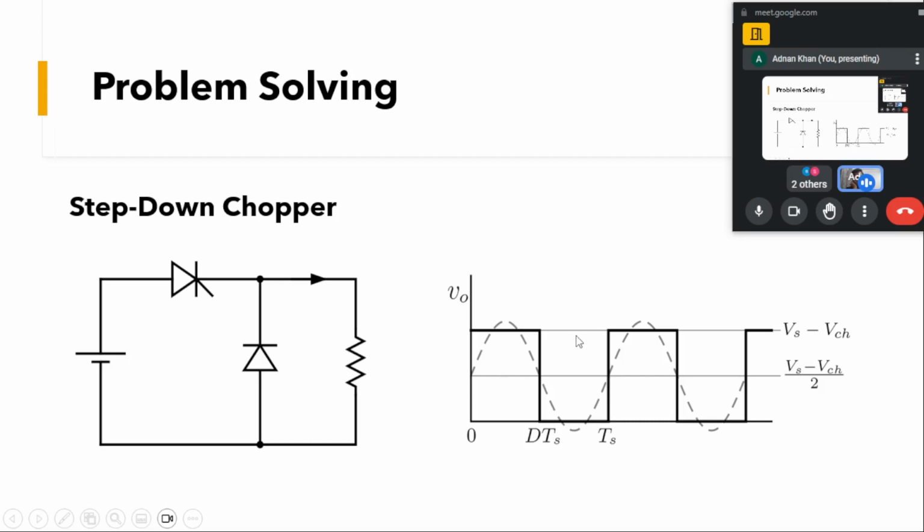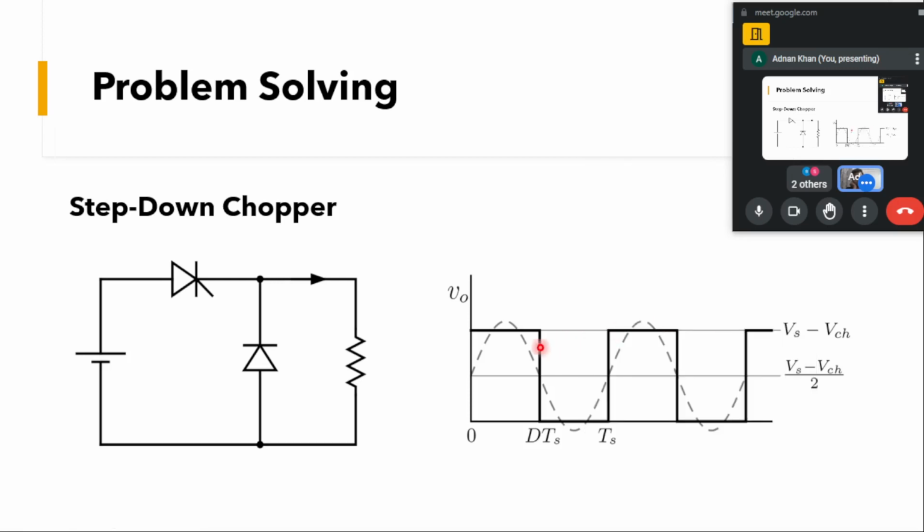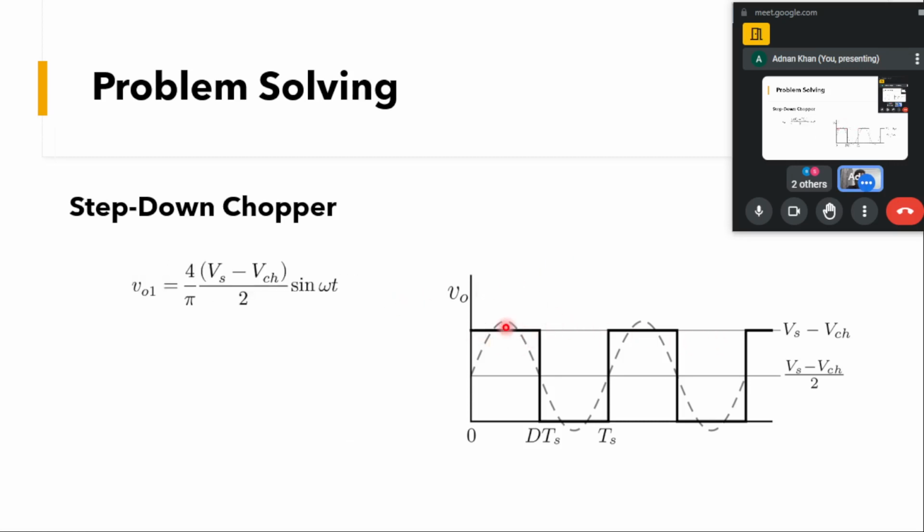So we know when we do the Fourier analysis of this square wave, and this is its mean, and it oscillates around this mean value, the fundamental of the square wave is given by 4 by pi times the peak of the square wave, that is the peak of the VDC by 2, into sine omega t.